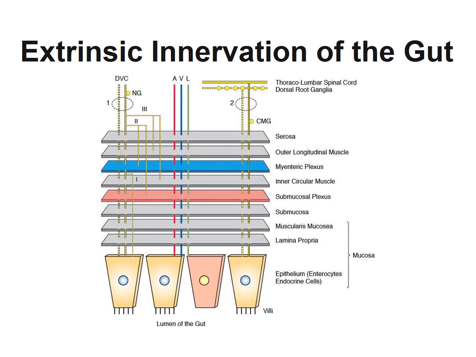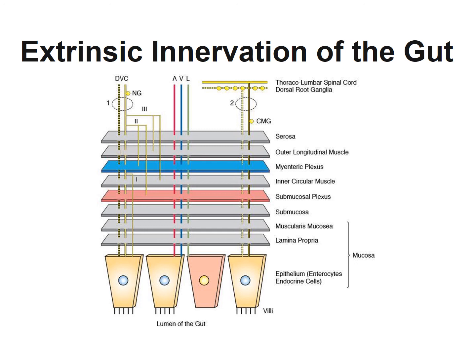Efferent: the orders come from the higher centers in the central nervous system, especially the DMV, through the efferent arm of the vagus nerve to the gut to control its functions. This is basically the vagus nerve, which is mostly parasympathetic in nature, 85% or even more sometimes.